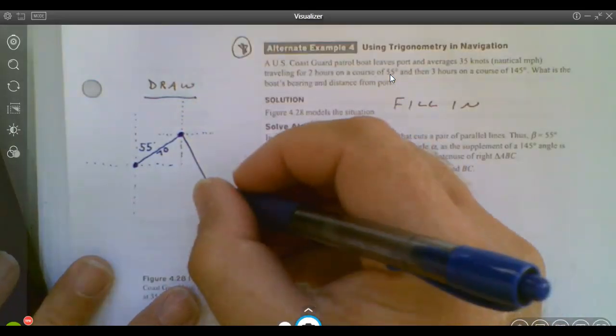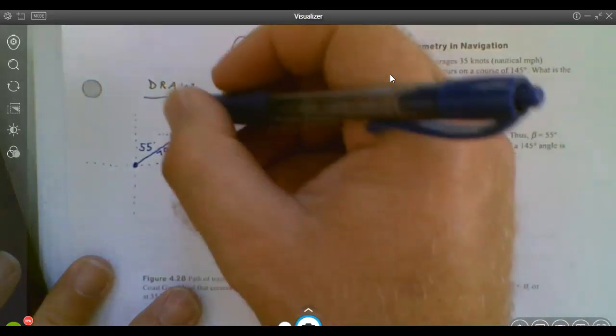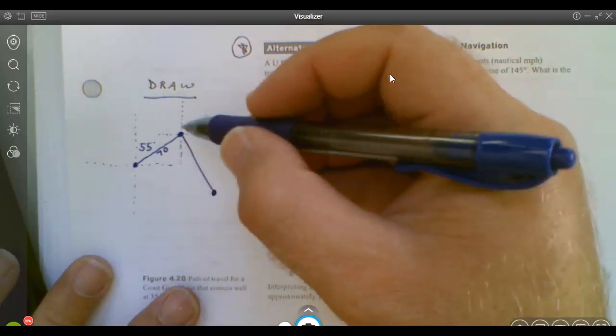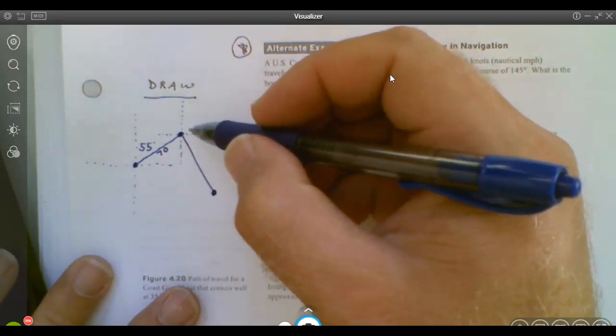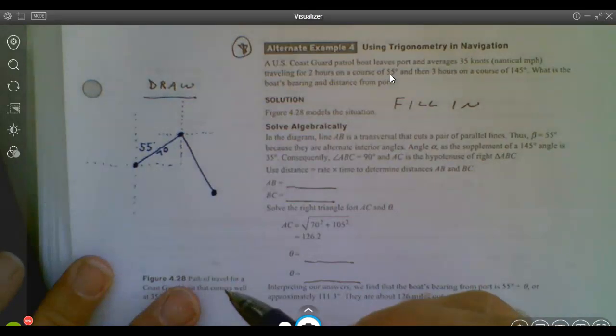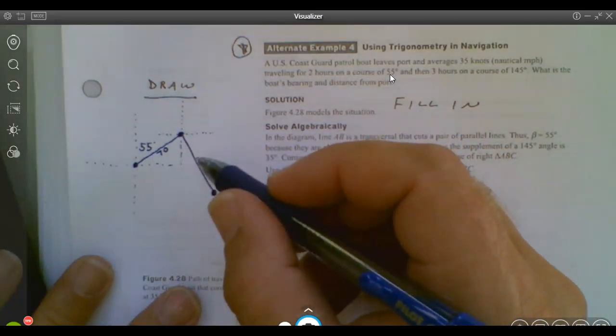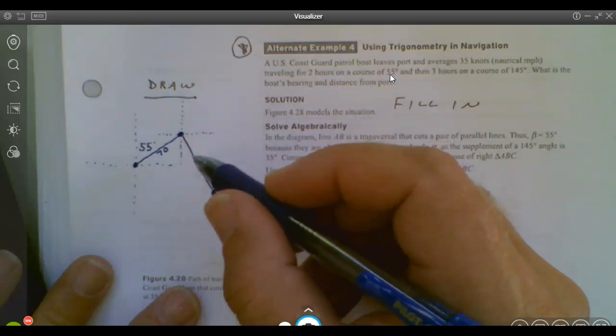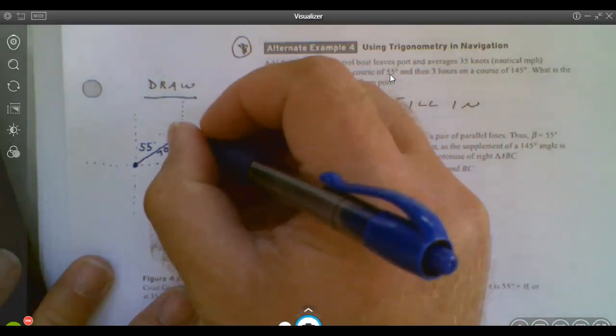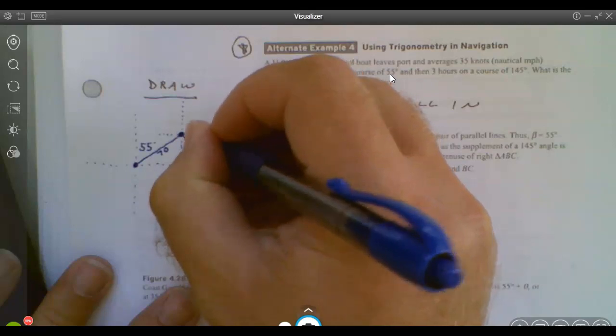So I'm going to go with that. So again, this was my 90 right there, plus another 55 degrees in order to make it 145 total. So that was my 145 degree angle. So again, this is 55 right there.